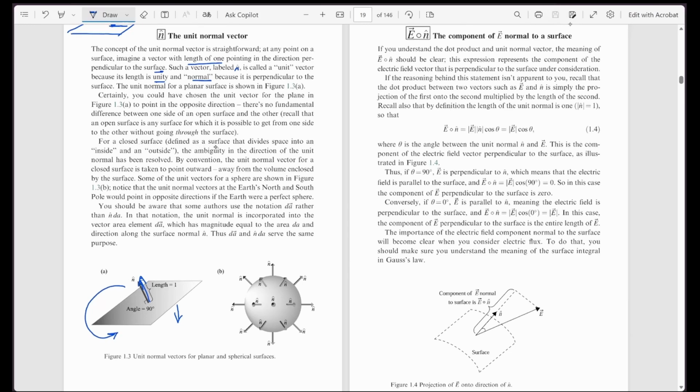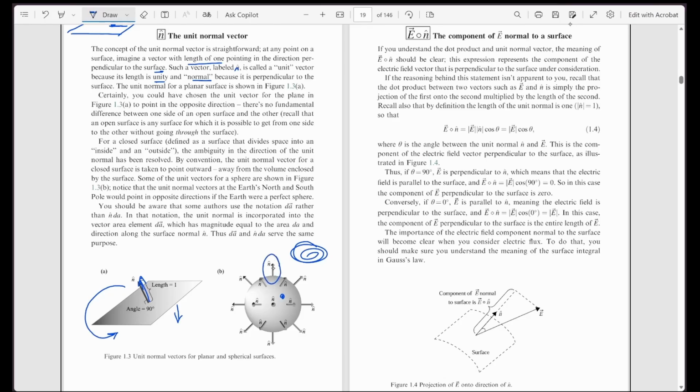For a closed surface, defined as a surface that divides the space into an inside and outside, so there's some outside space in here and there's inside space, there are no choices, and the direction of the normal vector is defined as the direction going out of our surface. So it's pointing outward, and this is the convention.